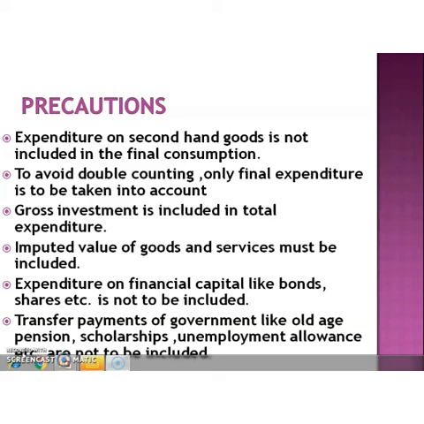Then the last one, government transfer payments like old age pension, scholarship, unemployment allowances, etc. are not to be included in the national income accounting. So these are the precautions of national income measurement in expenditure method.